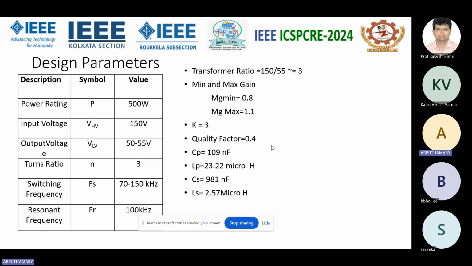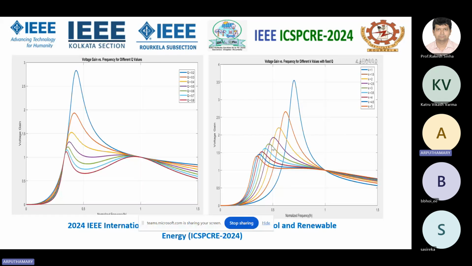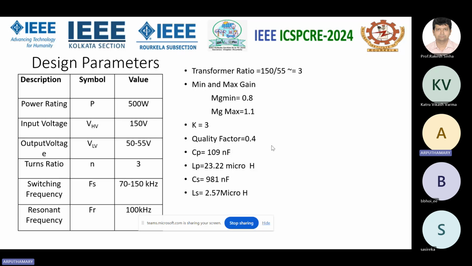So these are my design parameters. I have designed the whole system for 500 watts, with an input of 150 and an output of 50. Whenever we are using resonant components, we must concentrate on the voltage gain. So I have fixed my minimum and maximum voltage gain: the minimum will be 0.1, the maximum will be 1.1.